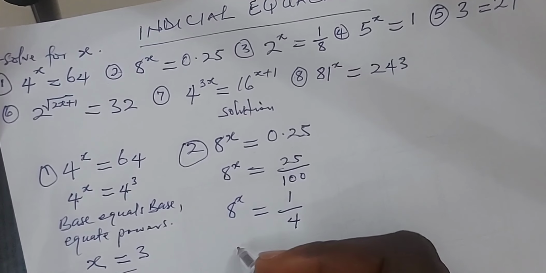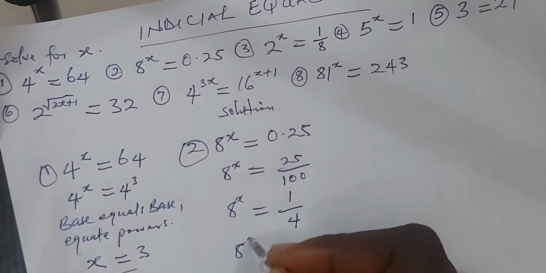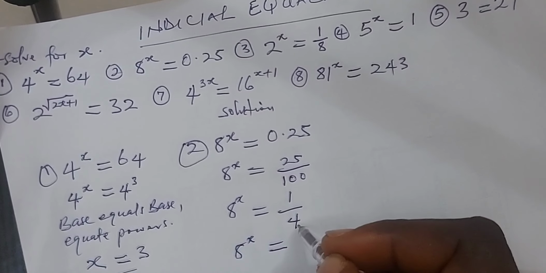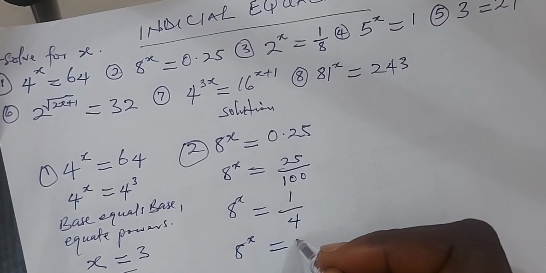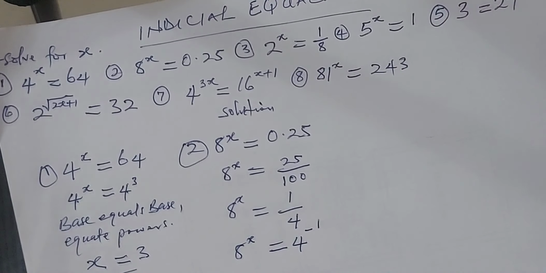And so we have 8 raised to the power of x is equals to 1 over 4. You can write this one in another form. In indices, we should have 4 raised to the power of minus 1.